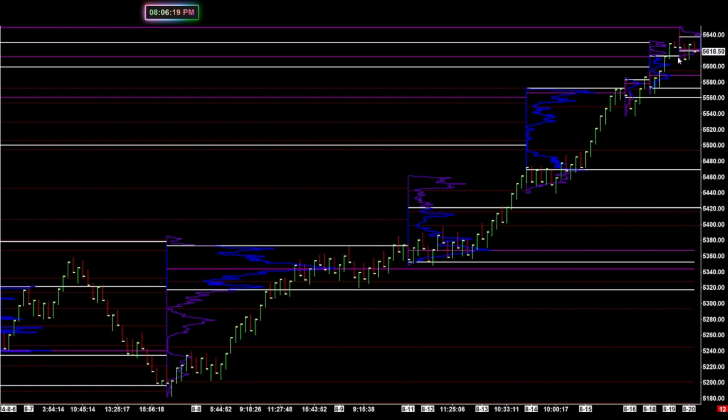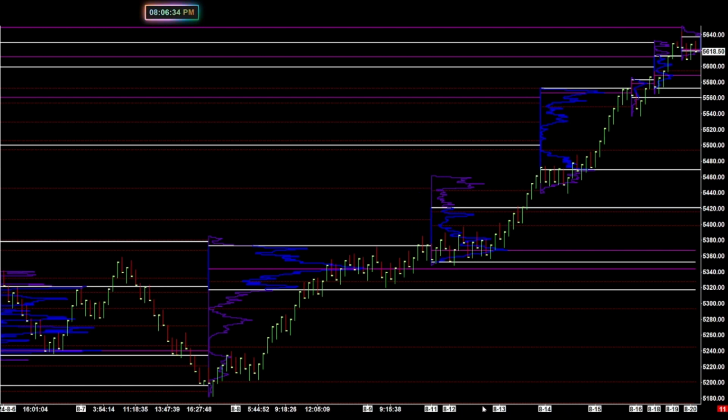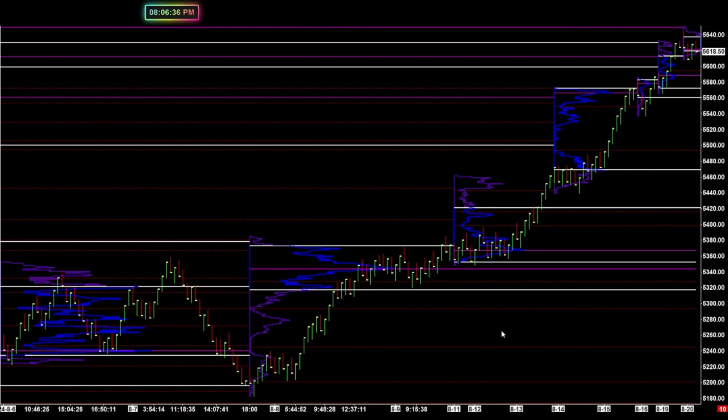What I'm looking for then is a test through this huge low value area, or low volume area, and I'm pretty bearish on the market overall right now.